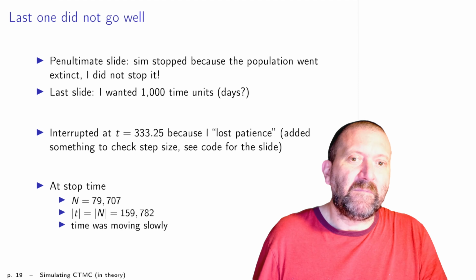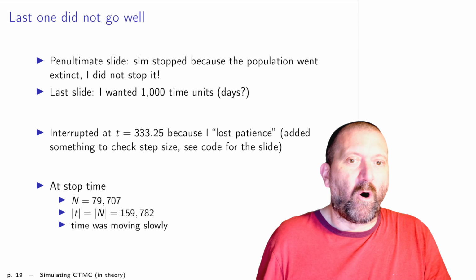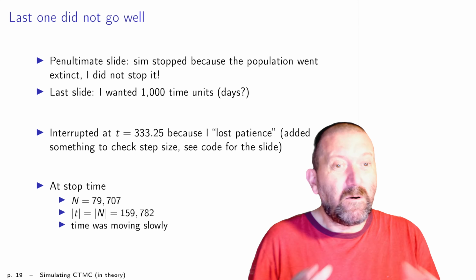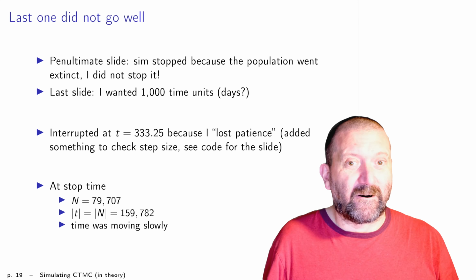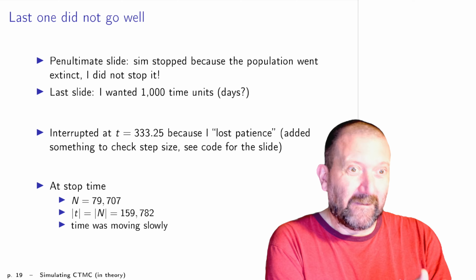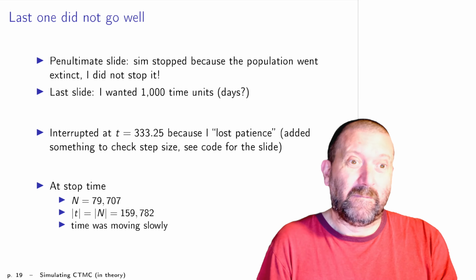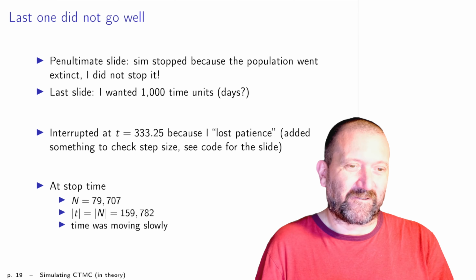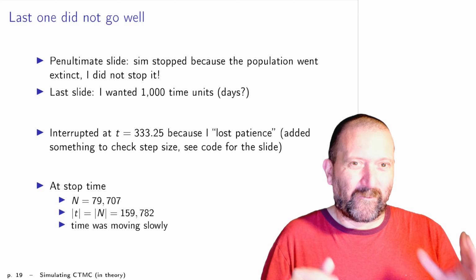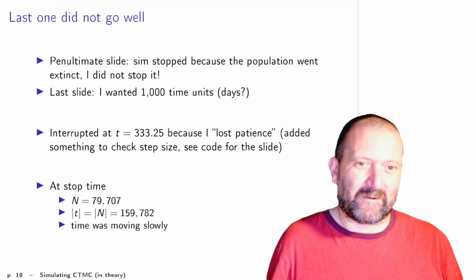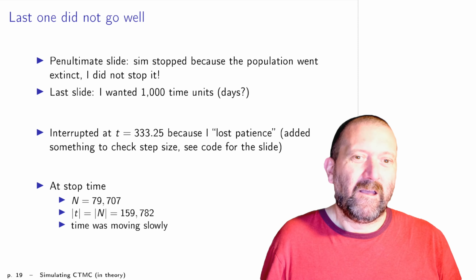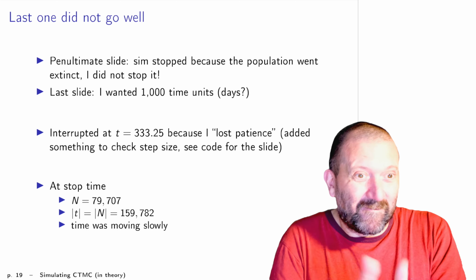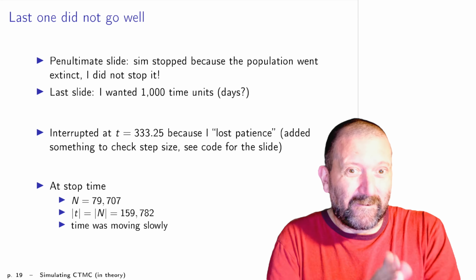At that stopping time, I had a total population of 79,000 individuals, essentially, and the number of points, the cardinality of the vector t and the vector n, which of course is the same, because it's the solution, was close to 160,000. So that means that to do 330 time units, it required essentially 160,000 time points, events. So these events are happening very, very quickly, okay?